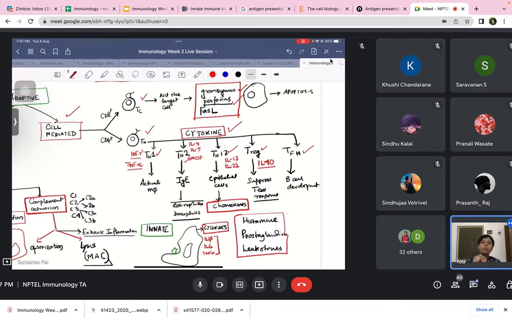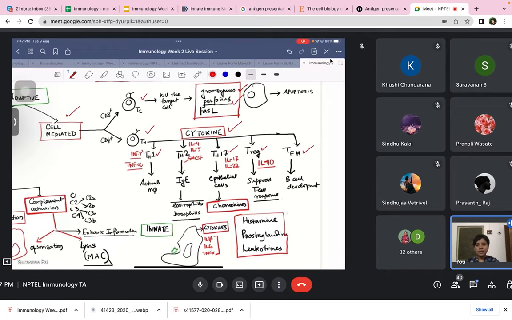Someone was asking what these different types of cells are. They perform different types of effector functions, and they are produced by the activation of different cytokines. In different cytokine environments, different T cells are differentiated.